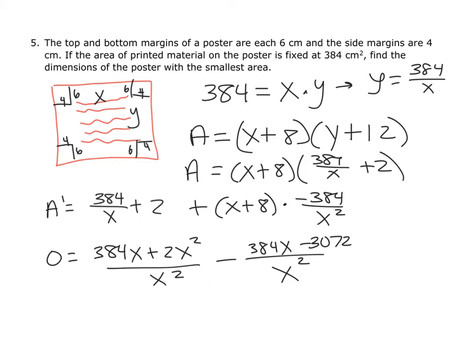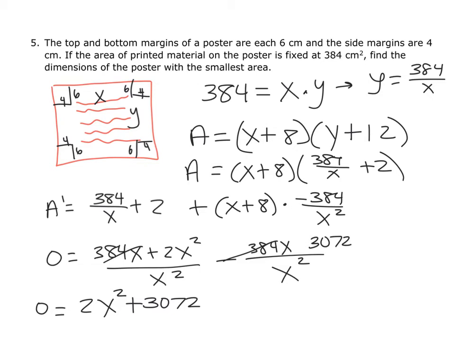All right, combine like terms, set it equal to 0, ignore the bottom. So the 384s go away, so we get 12x squared. Is that plus 3072? That doesn't make sense. No, it's minus. I messed the negative up.